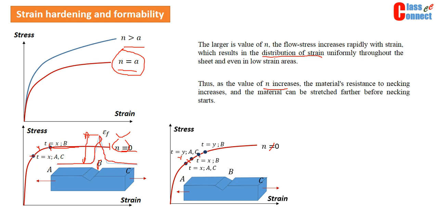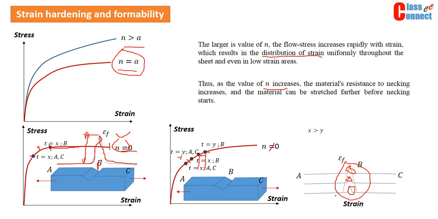Once load is increased, the stress at point B will increase up to this, and the stress at point C will increase up to this, and so on. So the difference in the strain will only be maintained by this particular gap. We will have a more uniform strain gradient, as given by this particular diagram. We have only this much strain gradient, and this will be maintained as we increase the load.